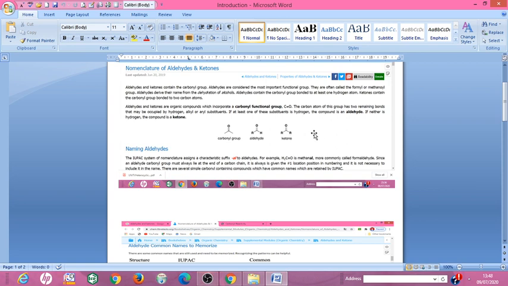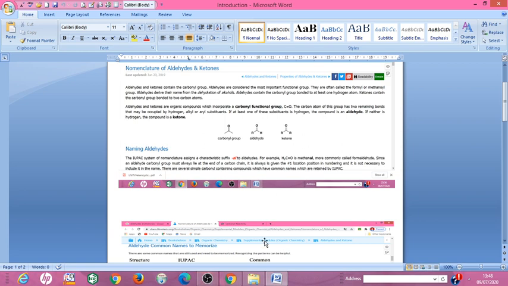In propane, E is replaced by ONE, that is propanone, but the carbonyl group, that is keto group, is present on second carbon atom, either left hand side or right hand side. Hence this compound is known as 2-propanone. Similarly, butanone, pentanone, hexanone, etc. This is the nomenclature of ketone.